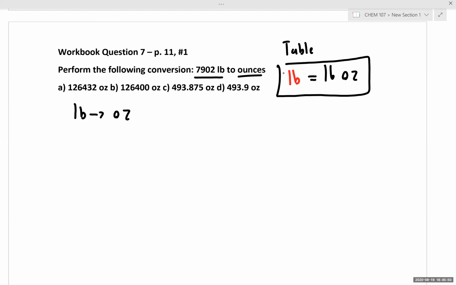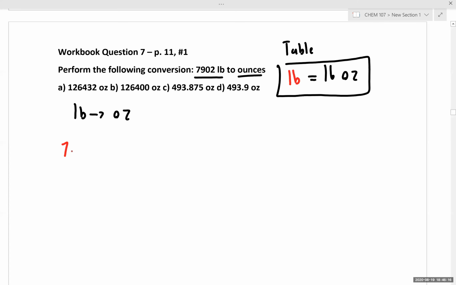Let's try to get a few more responses in the chat before we discuss. As we see a large pool of responses, even though this looks somewhat more complicated, this is actually a one-step conversion.